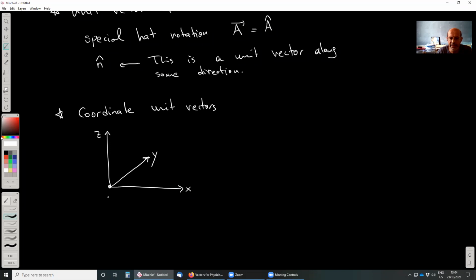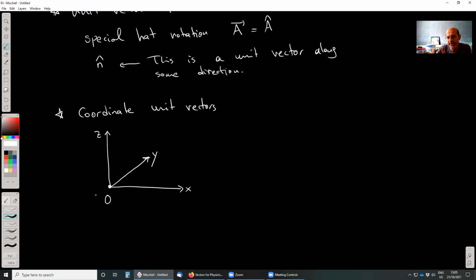A coordinate frame is needed for some certain purpose, but to be able to talk about vectors, we don't need a coordinate frame. But to be able to use what we call unit vector notation, I'm going to talk about this later.